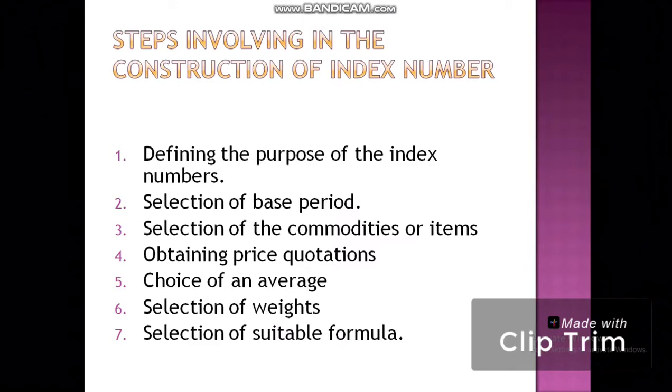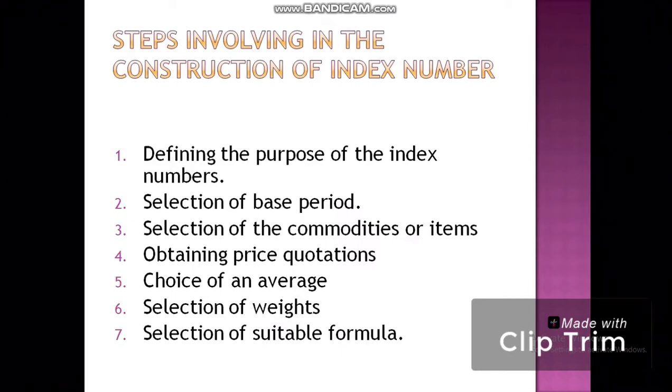So that is why we need to obtain the price quotations in different places and in different shops over regular intervals, and that will help us to get more accurate index numbers.